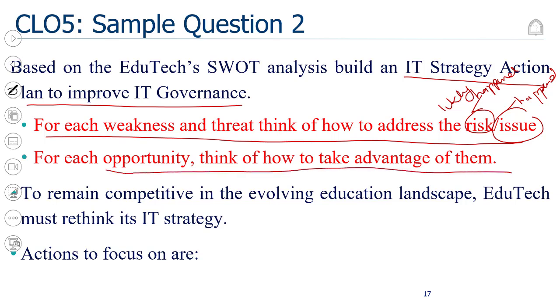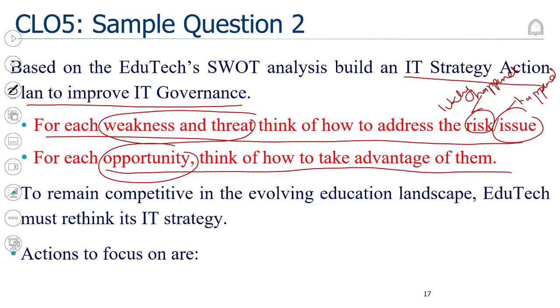So your action plan will always concentrate on your threats, risks, weaknesses and opportunities. Strength is already strength, so you are not concerned about it. It's your advantage. Look for your weaknesses and your opportunities, and then think of how you can address them.